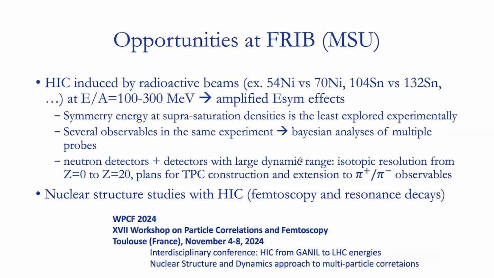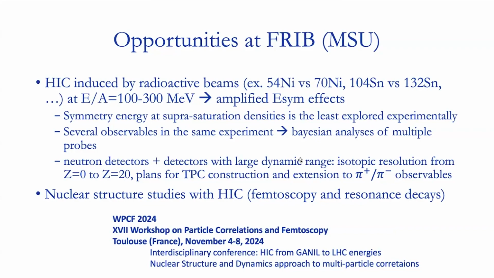And of course, I want to mention that as far as neutrons and protons are detected, the laboratory that now has the best potential to investigate this observable is probably FRIB at Michigan State University. You can have beams with very large N over Z asymmetries. Until now, I've talked about stable beams like nickel 58 and nickel 64.